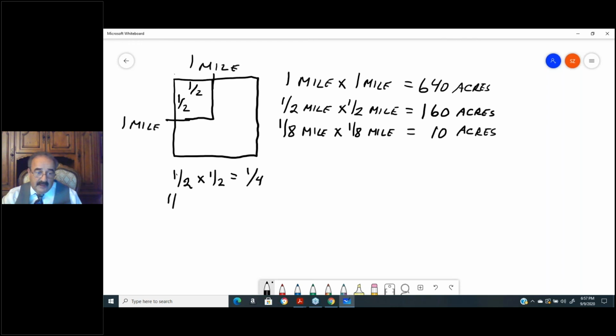Down here, 1/8 of a mile by 1/8 of a mile equals 1/64. Again, 1 times 1 is 1. 8 times 8 is 64. 640 divided by 64 equals 10.